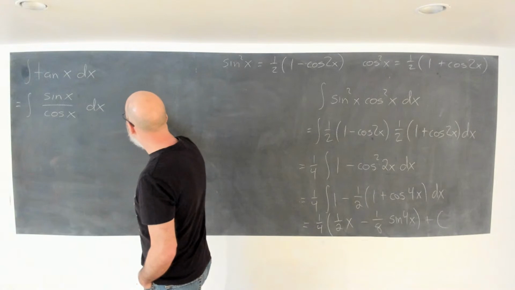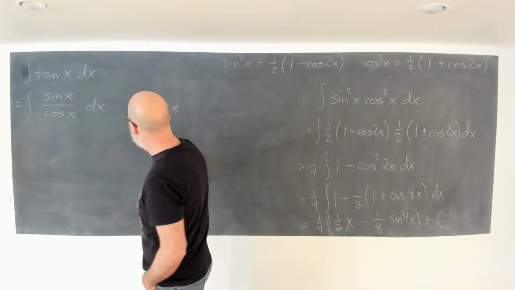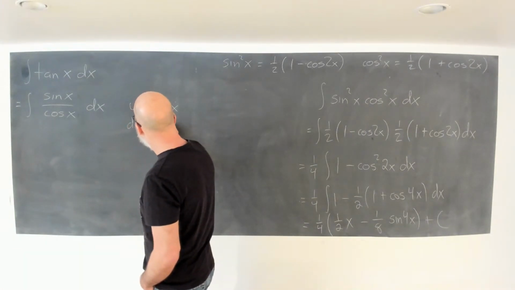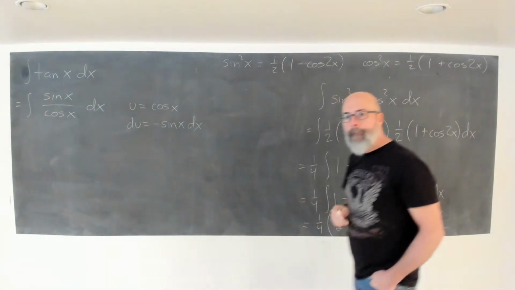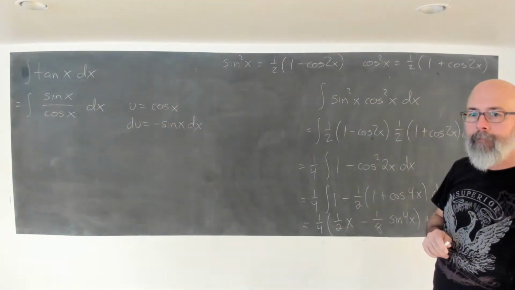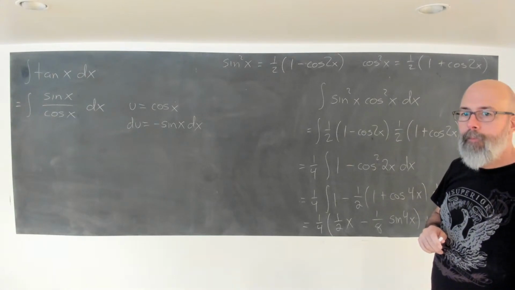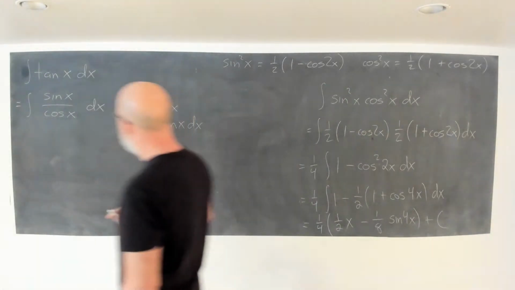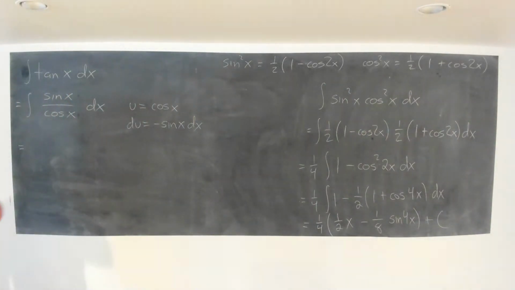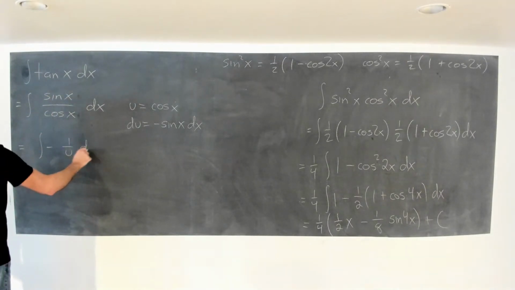So if you make a u substitution, this becomes negative 1 over u du.